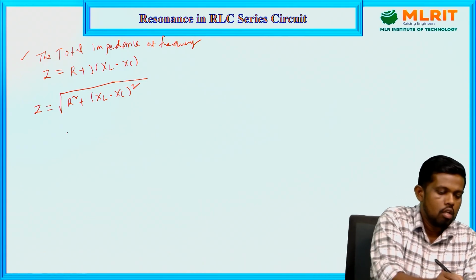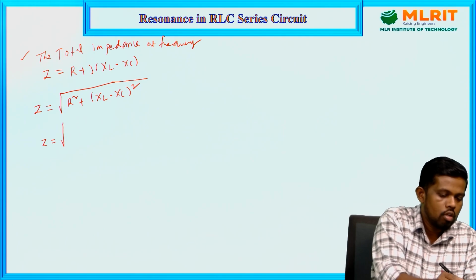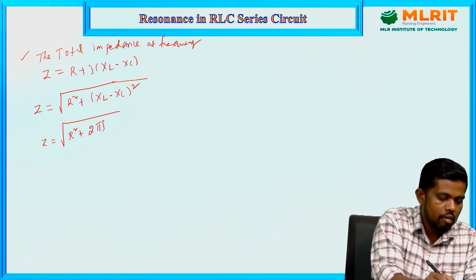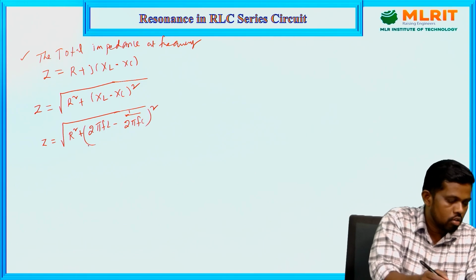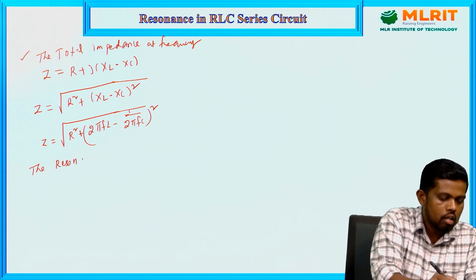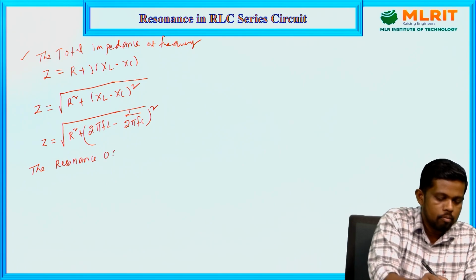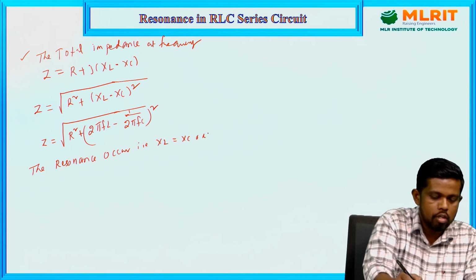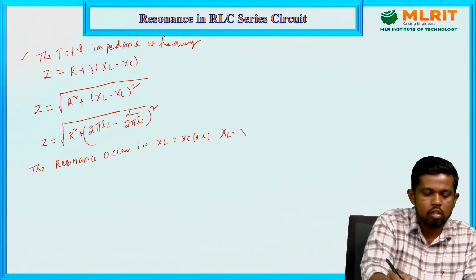So Z equals the square root of R squared plus (2 pi FL minus 1 by 2 pi FC) whole squared. Resonance occurs in an RLC series circuit when XL equals XC, which means the net reactance of the circuit is 0.